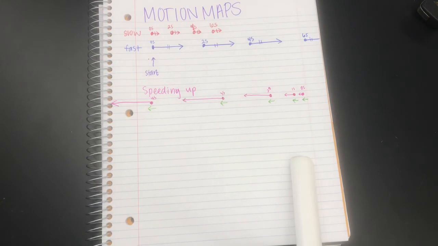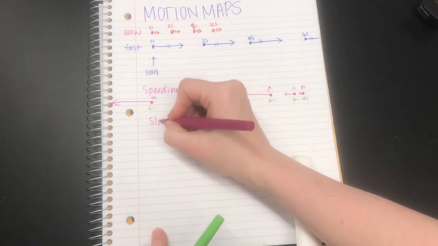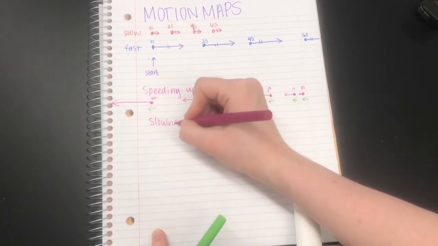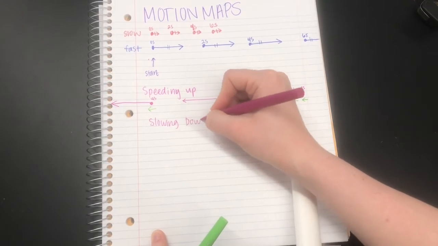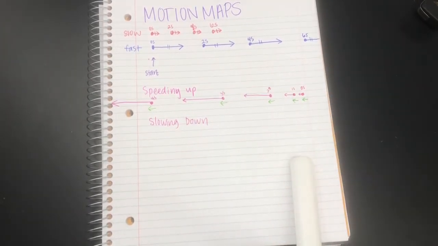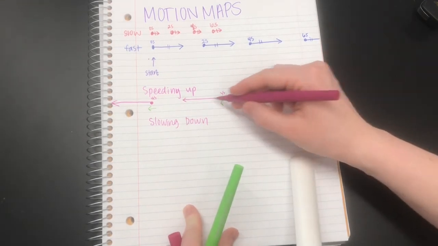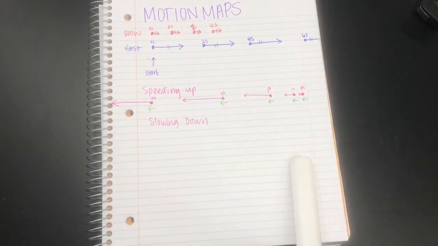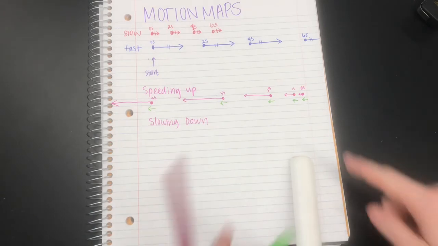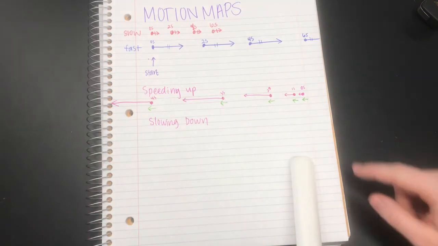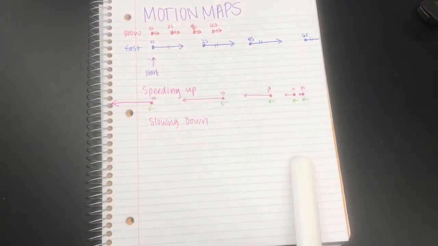What about slowing down? If I'm slowing down, instead of having my position become farther and farther apart over time, so I'm traveling farther and farther every second, instead, I'm going to travel less and less every second.